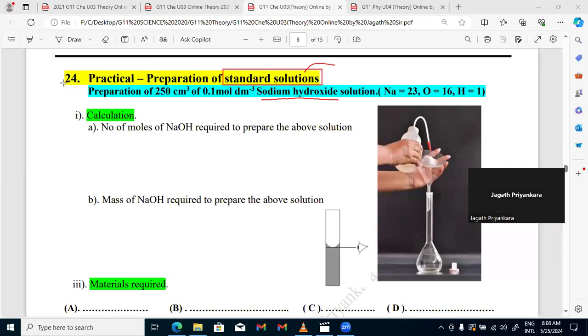Okay, so if you can put an arrow and write: solution where the concentration is accurately known.